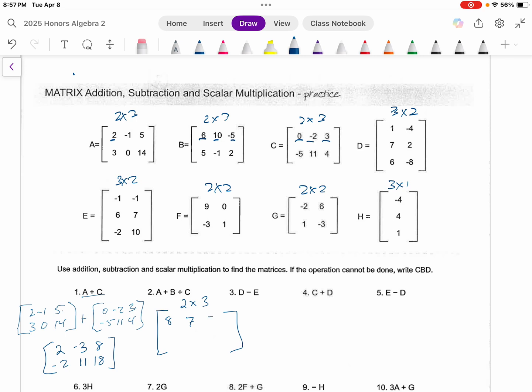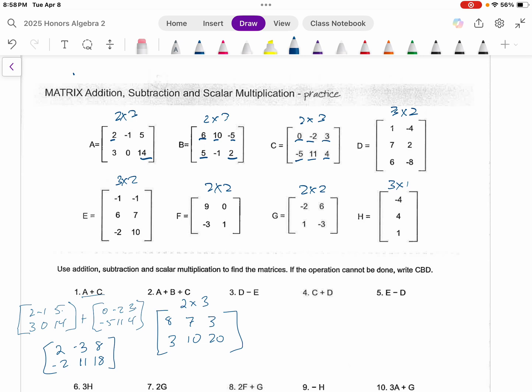Plus 3 is 3. And then 3 plus 5 is 8. Minus 5 is 3. 0 minus 1 is -1 plus 11 is 10. And then 14 plus 2 is 16 plus 4 is 20. And that's the only way I could figure out that one was easier to do, because there's just not a lot of room.